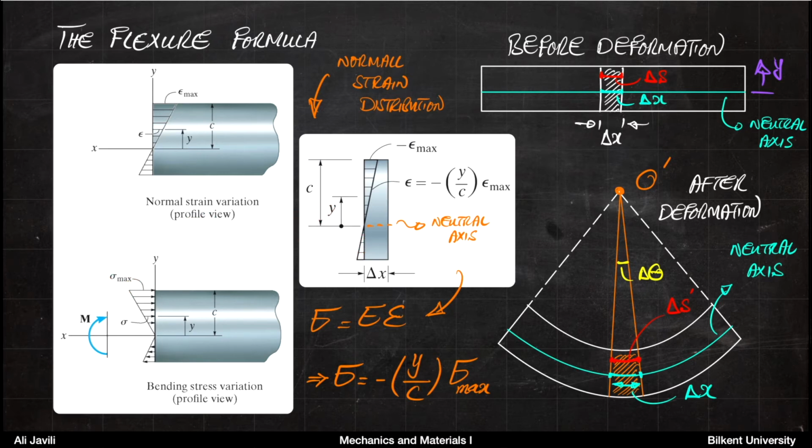And then again, clearly when you look at the stress distribution, you can see that here stress arrows are pushing the cross section and here they are pulling, indicating that here you have tension and here you have compression.